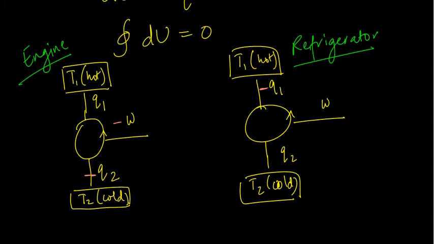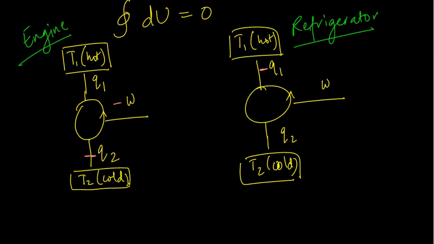So there are some alternative statements which I could just write. Again, this is due to Clausius. This is the one which is closer to the maths that we'll be using.